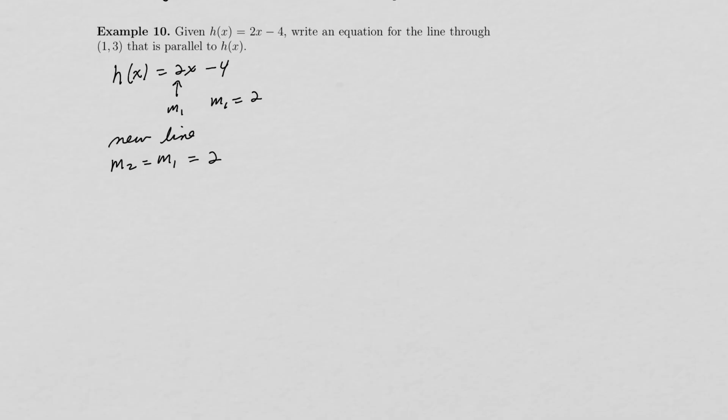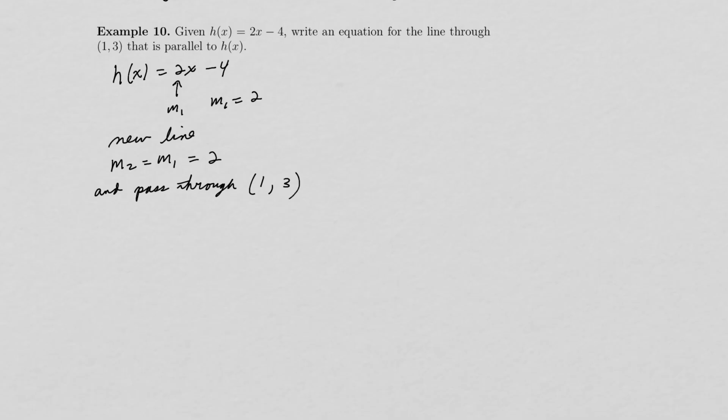So I also want it to be 2 in order for it to be parallel. So the new line is going to have a slope m2 of 2, and it's going to pass through the point (1, 3).